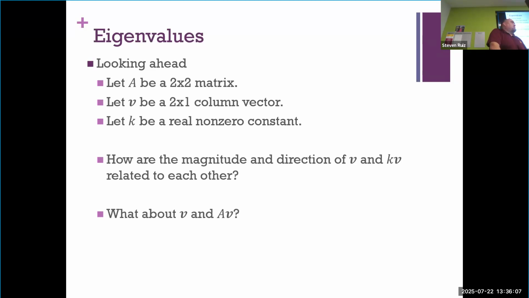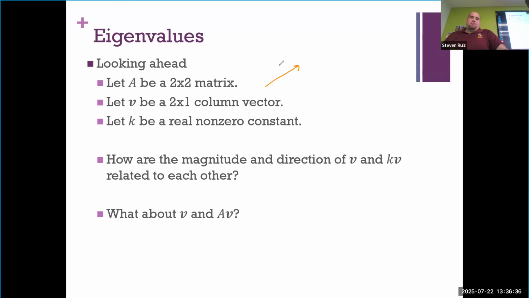What about the direction? If I take a vector V and multiply it by K, which scales it, what do the directions look like? They should be identical, right? The only way they might be different is, let me draw a picture here.